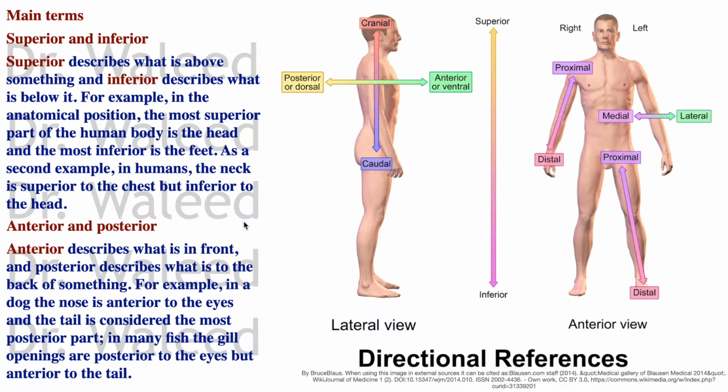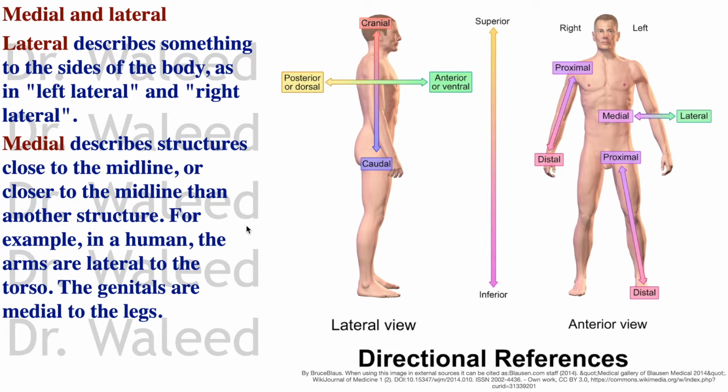Anterior and posterior: anterior is what's in front, and posterior describes what is to the back of something. For example, the stomach lies anterior to the kidney, while the kidney lies posterior to the stomach. Medial and lateral refer to the midline.